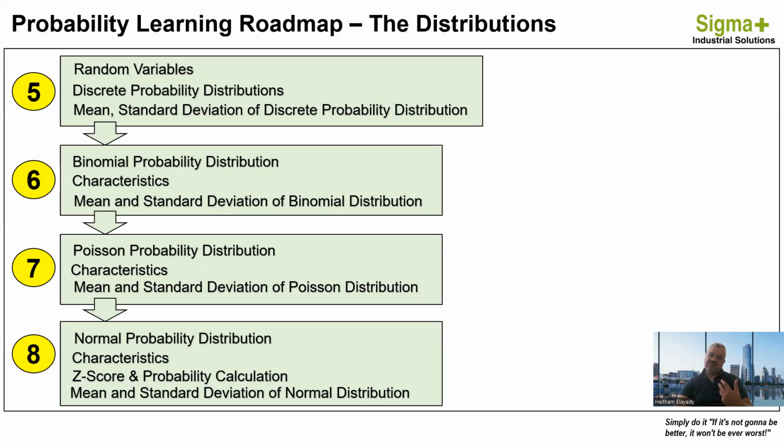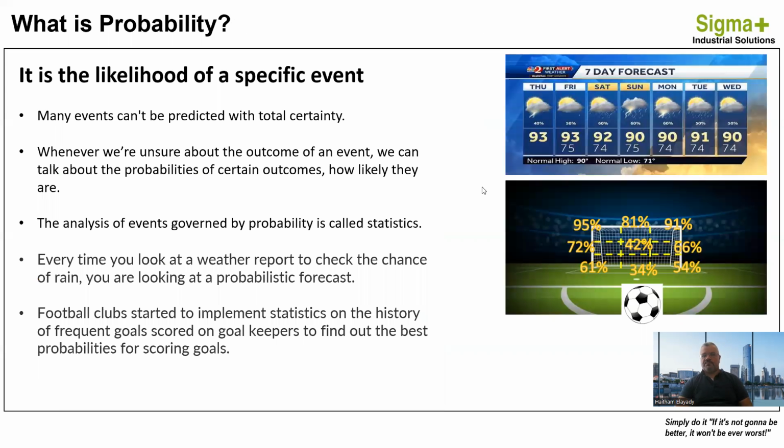As I mentioned, this is highly used in statistical tools, and it's so important that before you go to the statistical study, you make sure that you are prepared with a basic understanding of probability. So what is probability? Simply, probability is the likelihood of the occurrence of a specific event.